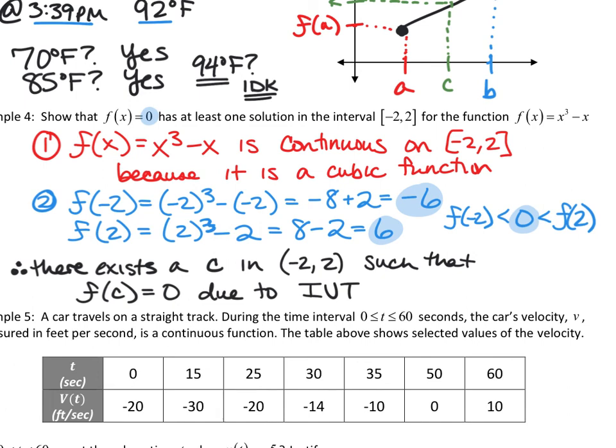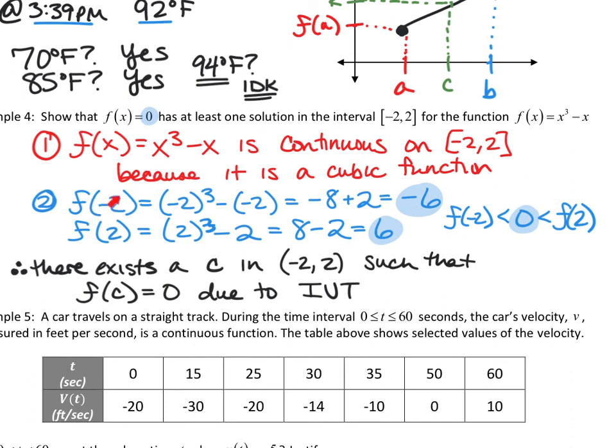So we just wrote basically a whole math essay to answer this question. Step 1 is to show that it's continuous, and sometimes you just have to state it. This is a cubic function, so it's continuous. We know that about cubic functions.